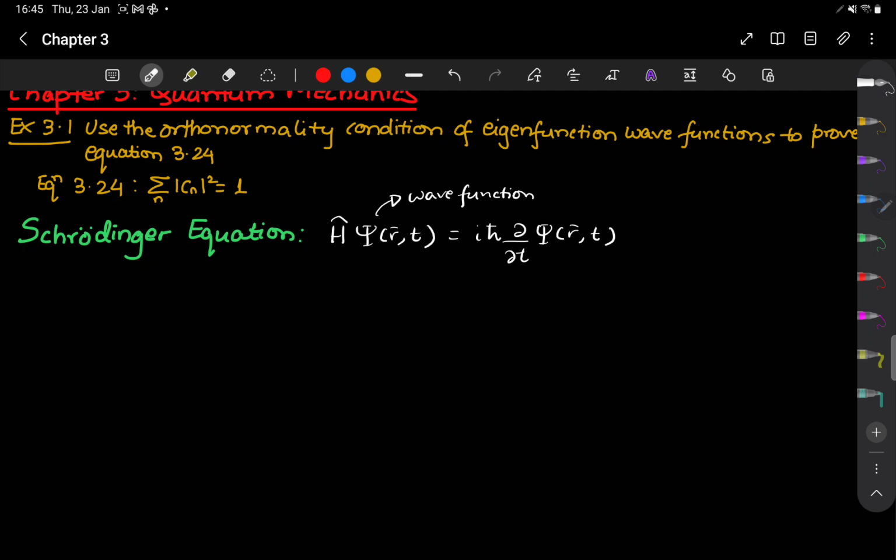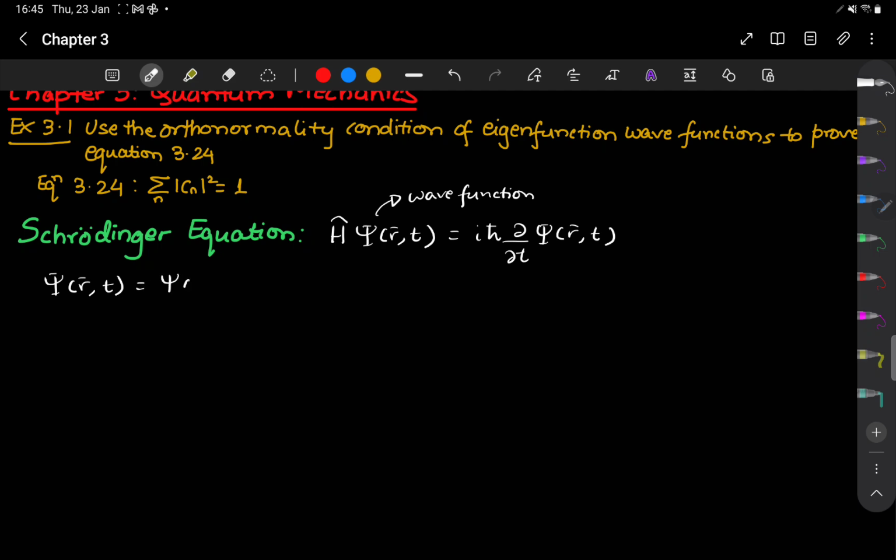Now this wave function can be written down with the time part and space part separated out. So this is the total wave function which has the space and time parts both together.